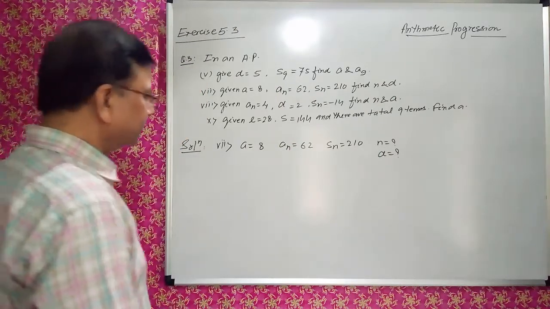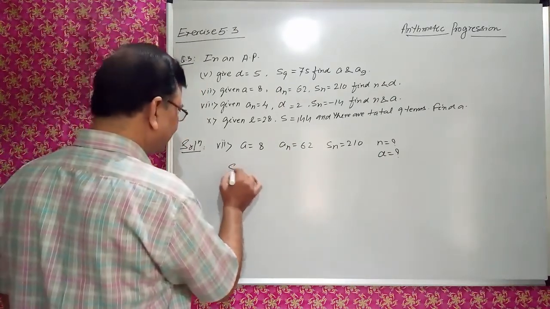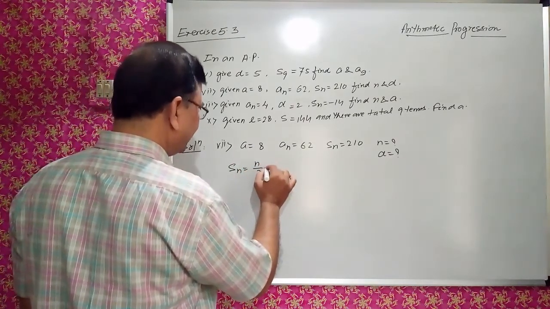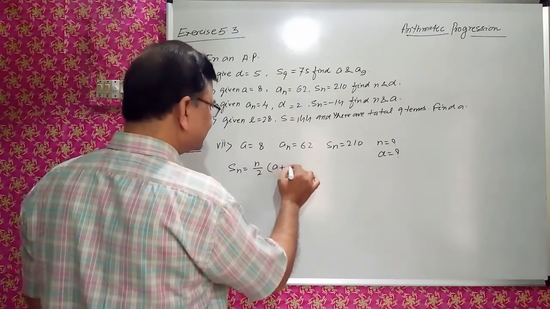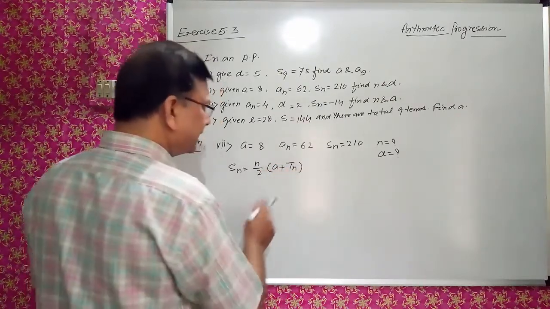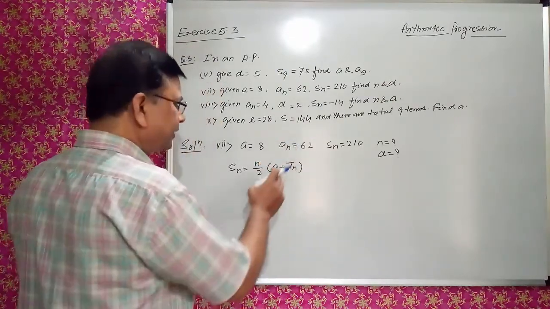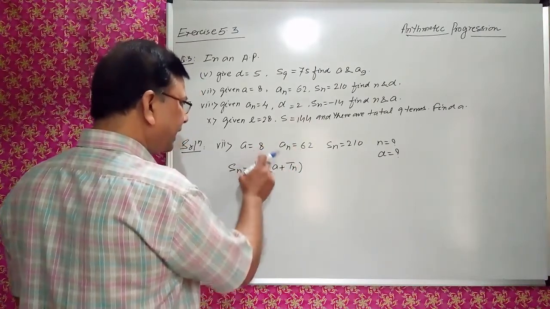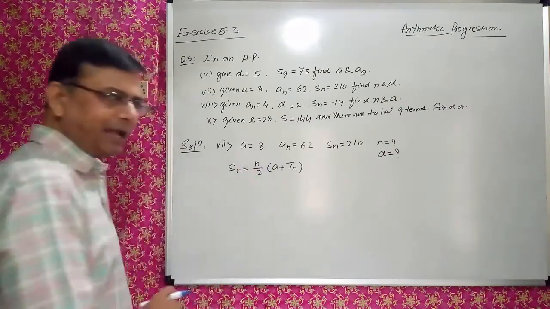So here we are having another formula, Sn is equal to n by 2, in bracket a plus Tn. Tn is an. So Tn is known, Sn is known, a is known, then we can find n from this formula.